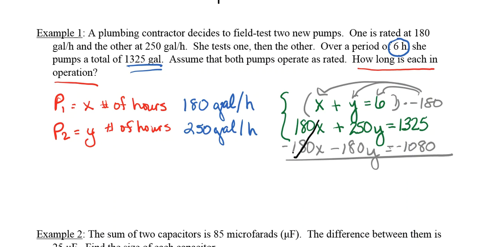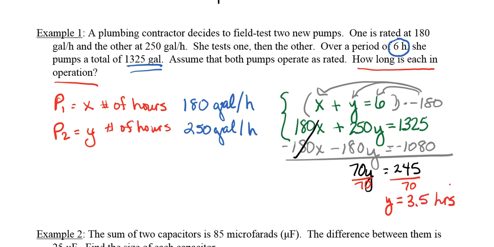When I add these, that wipes out my X's. 250 plus a negative 180 gives me a 70 in the Y category. 1325 minus 1,080 is 245. Go ahead and divide both by 70. And I end up with that my Y worked 3.5 hours.